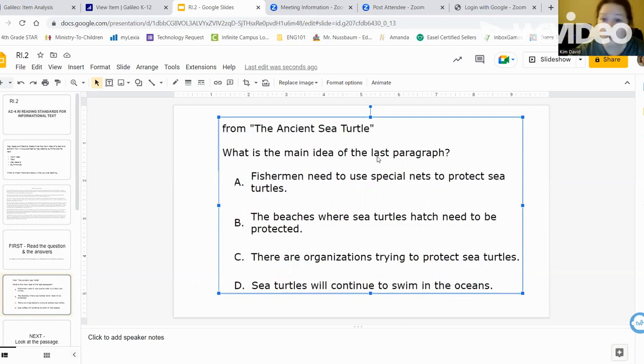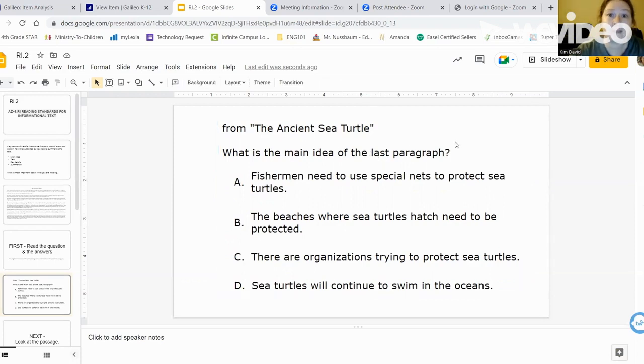So do you have to read the whole passage to be able to answer this? No, you don't. What do you need to read? What do you need to make sure that you look at? The last paragraph.